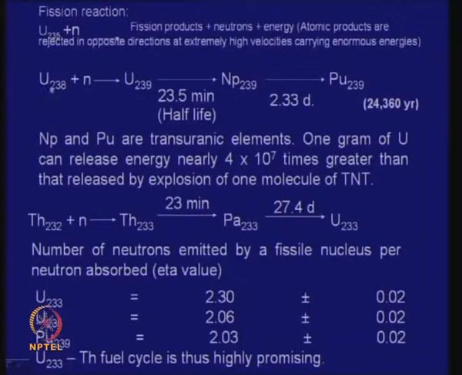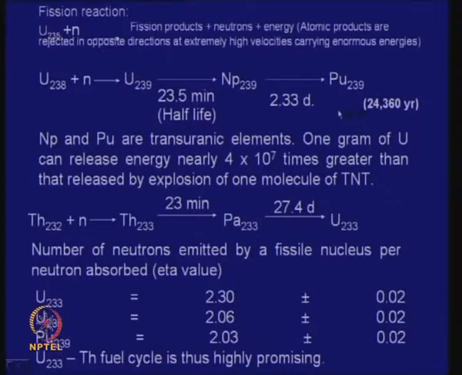In the case of uranium-238, which is a fertile material, uranium-238 plus neutron will give uranium-239, which has a half life of 23.5 minutes. Then Np-239, half life of 2.33 days. Finally, it converts to plutonium-239, which is stable. Half life is 24360 years.